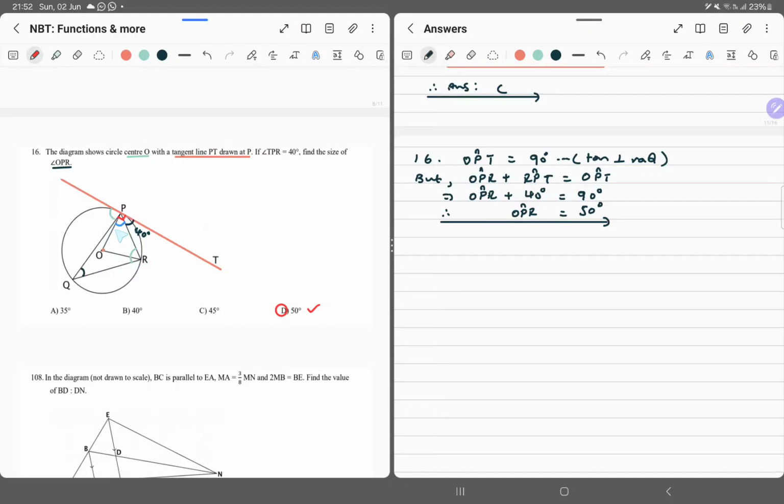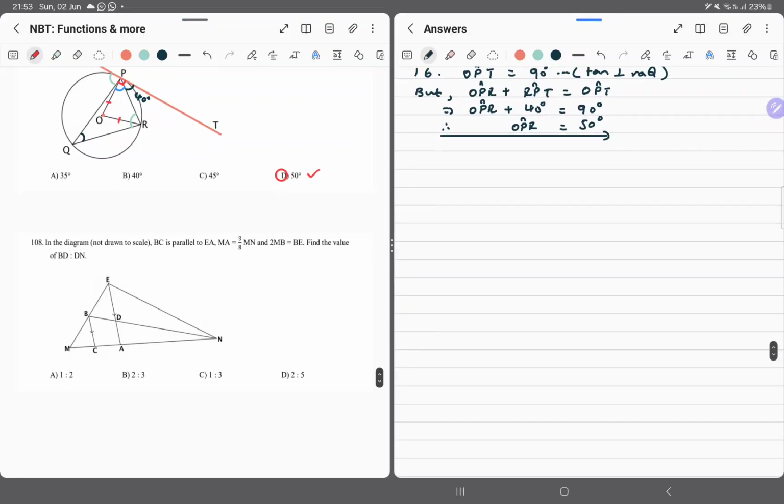But in any case, we could use the isosceles triangle here, and then work it out. Or we could use the tan chord theorem and then the angle at center is twice the angle at circumference. Then we could even use that to work out OPR, but the quicker way is the best way. Other ways are labor intensive, but they still answer the question.